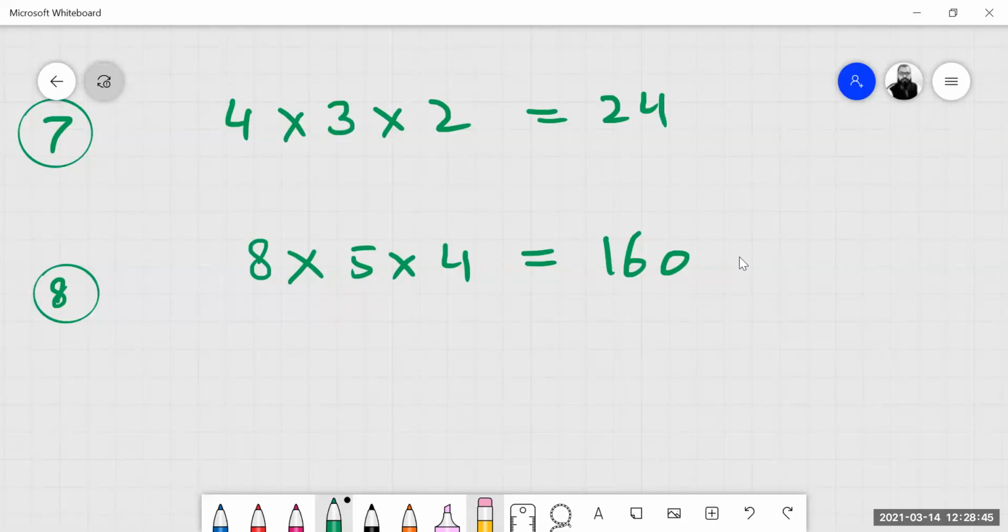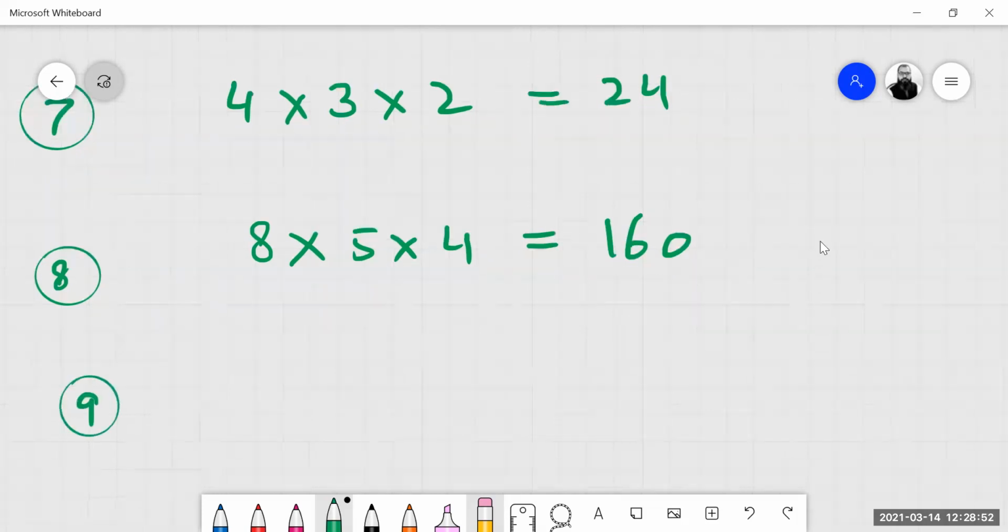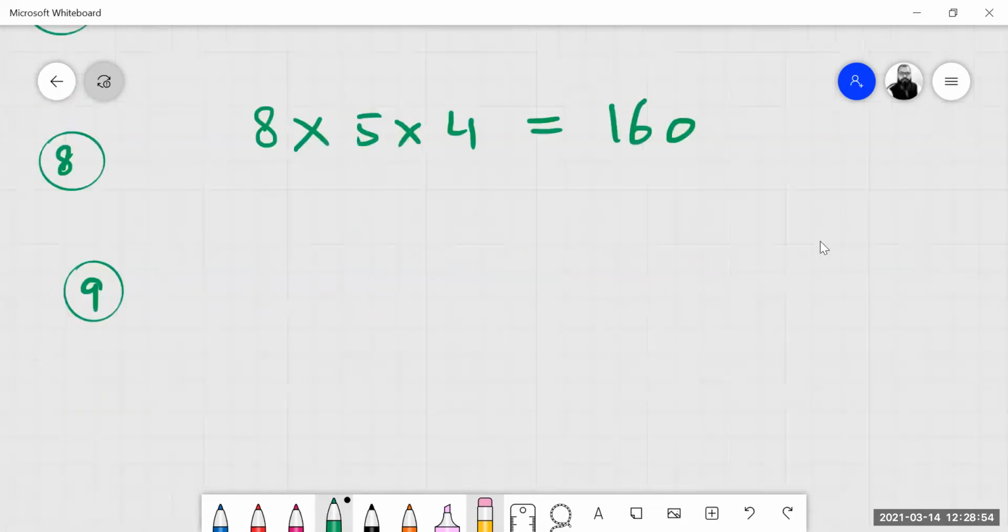Question number 9. It's just 8 multiply 3 multiply 1 over 2.